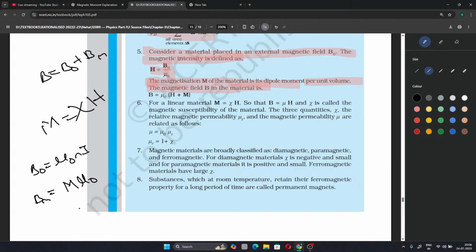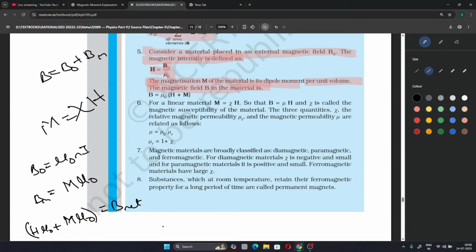N i we can take as H, so B equals H mu naught plus M mu naught, which will give the total magnetic field.